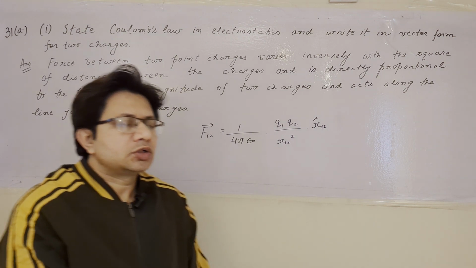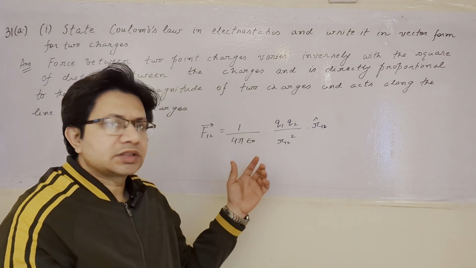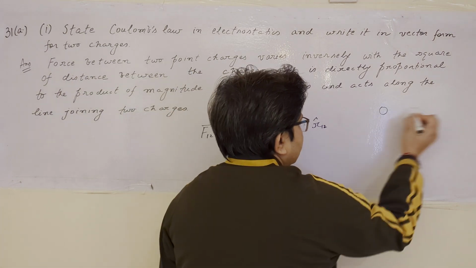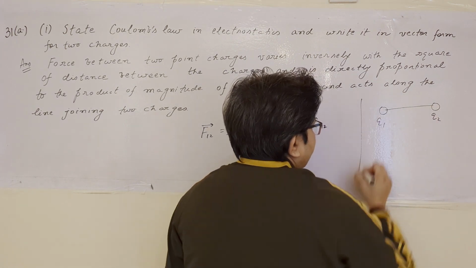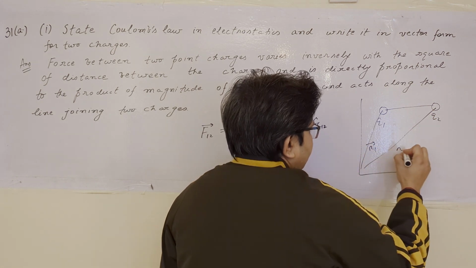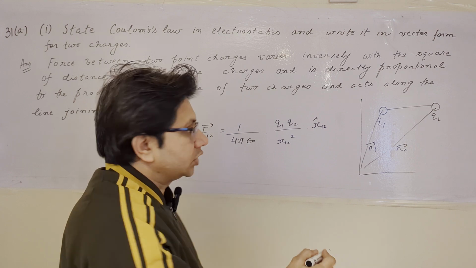So Coulomb's law can be stated as it provides us the force between two charges. Suppose there are two charges q1 and q2 having position vectors r1 and r2 respectively, and there is a force between these charges.